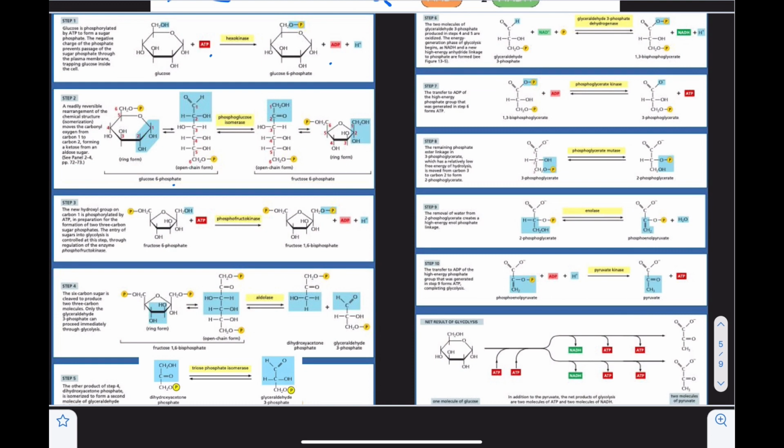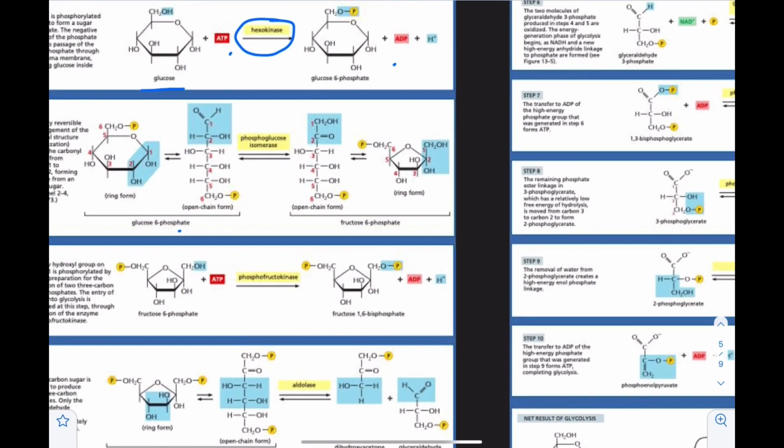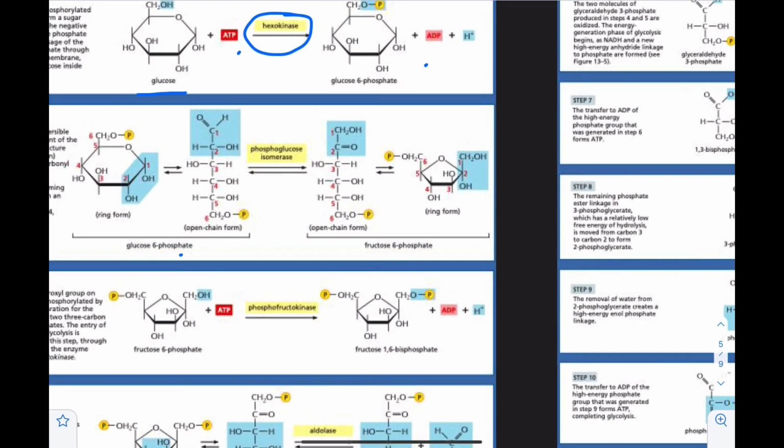Now, in the investment phase, we start with a glucose molecule, and we have an enzyme called hexokinase. Hexo because this is a 6-carbon, hex for 6-carbon molecule. And then kinase is an enzyme that phosphorylates.